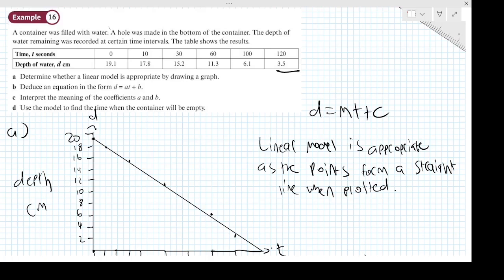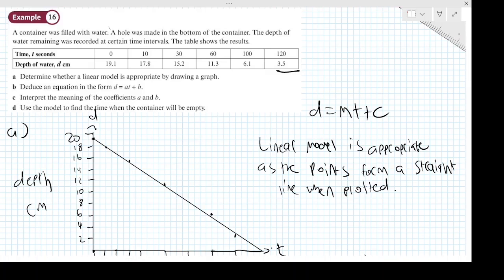More particularly, t is time, so as time goes up by 1, the depth goes down by 0.13. So when it says interpret, you really need to relate it to the question and the problem it's telling you about. That's an exam tip. If you see that, relate it to the real life scenario in the problem.